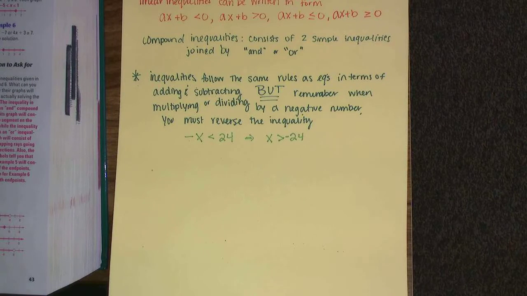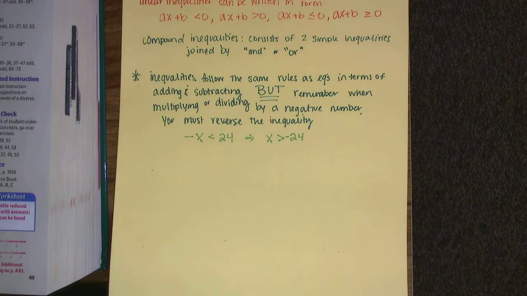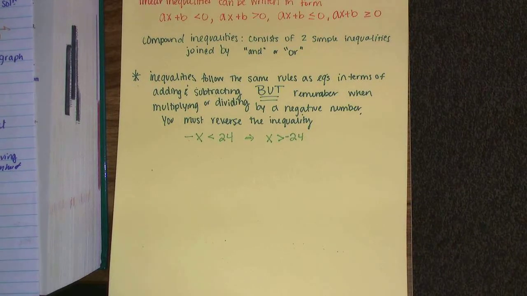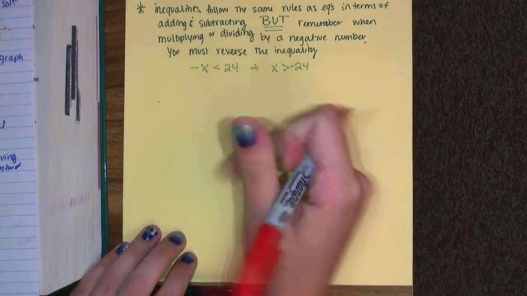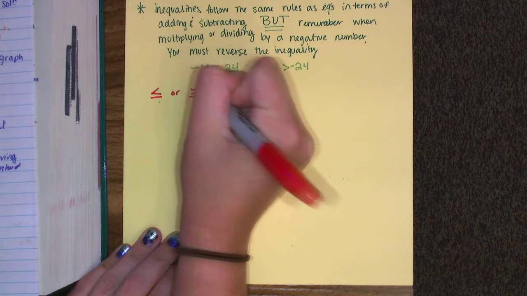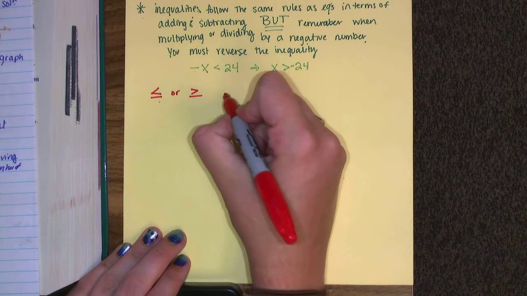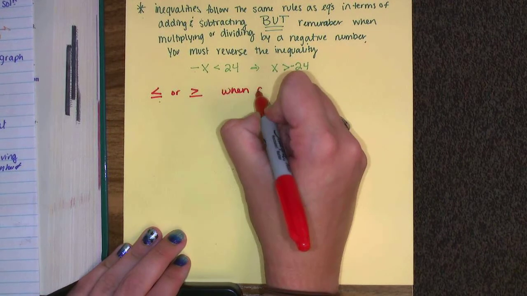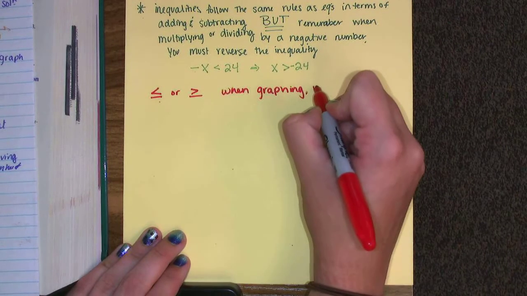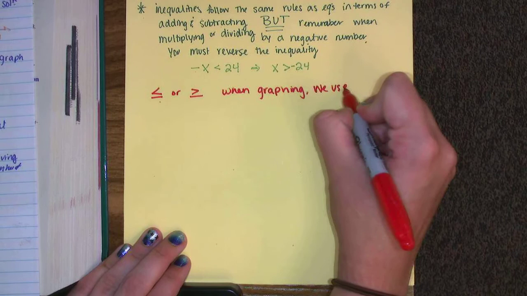In terms of graphing inequalities, if it is less than or equal to or greater than or equal to, when graphing, we use brackets.